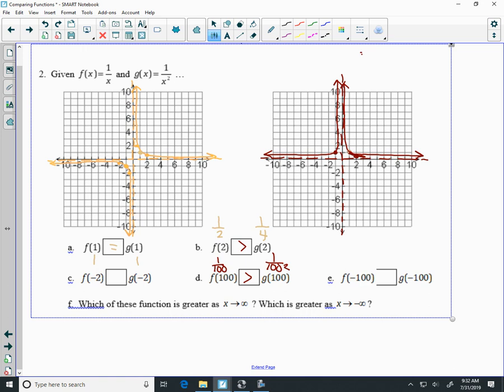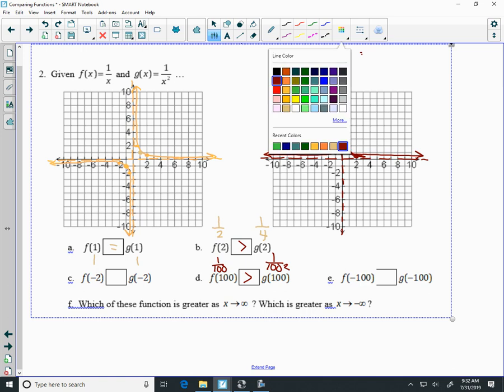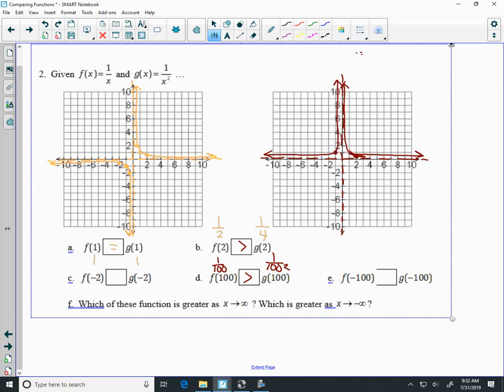Now, when we switch over and talk about the negatives, you might want to say, hey, it's going to be the same. But 1 over x squared stays on top of the x-axis, and 1 over x is below. So f of -2 gives you a negative output, and g of -2 on 1 over x squared is going to be positive.